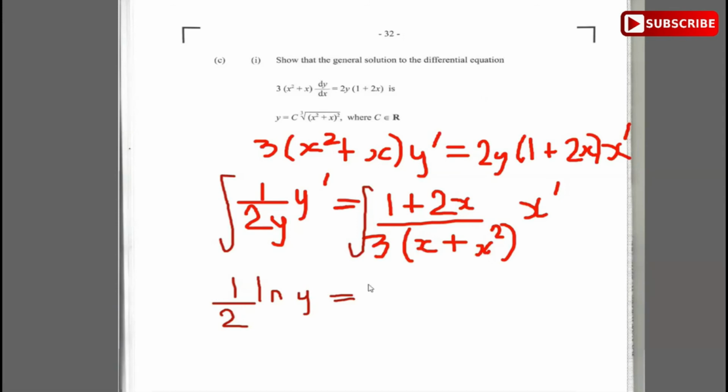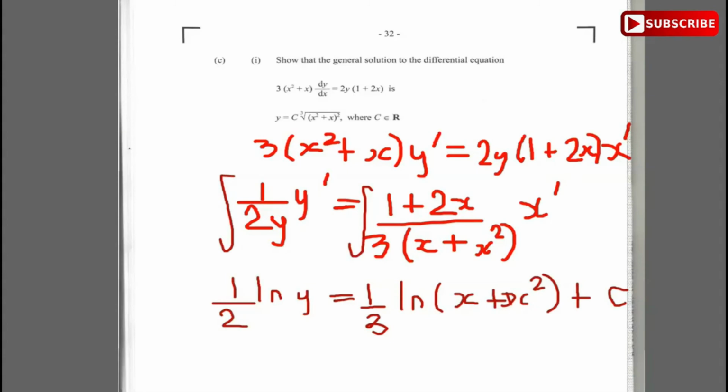So it's 1 over 3 ln of x plus x squared. And anytime you integrate, you add your constant of integration, plus c. Nice and easy, solved. And so now we may continue.